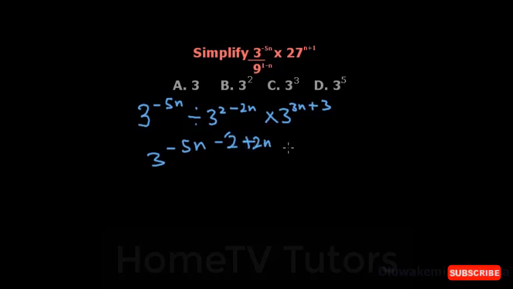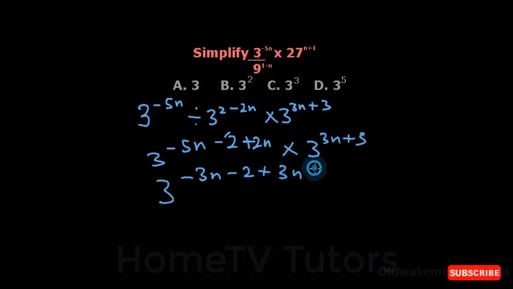Okay, so the minus outside here, we change this minus sign to plus. Now times 3n plus 3. So here we have minus 5n plus 2n, which will now give us minus 3n minus 2. Then let's quickly bring this one into place, plus 3n plus 3.